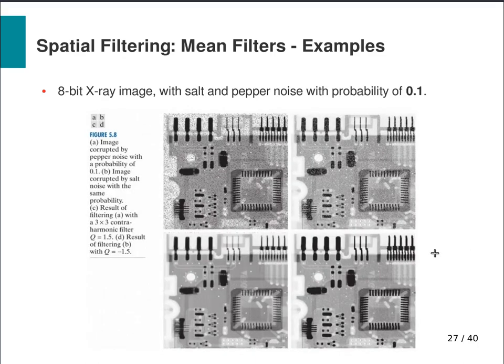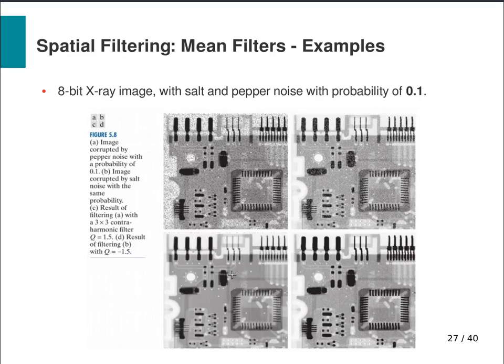What about if we have either salt or pepper noise? The image on top left is the image that we saw previously, but this time instead of being corrupted by Gaussian noise, it is corrupted by pepper noise with the probability of 0.1, and on top right we have the original noise-free image that is corrupted by salt noise with a probability of 0.1.